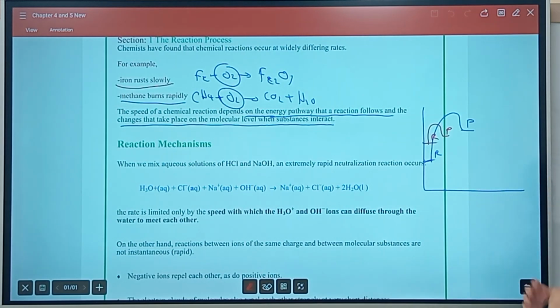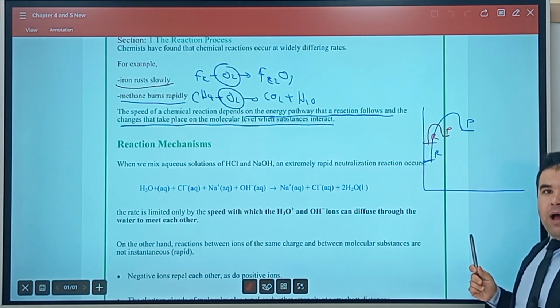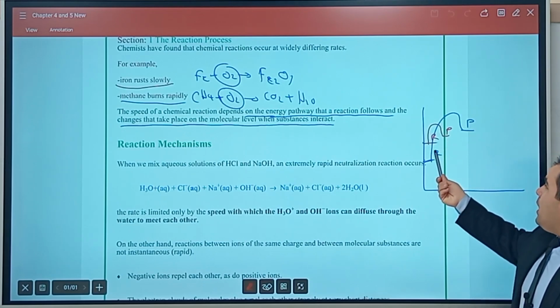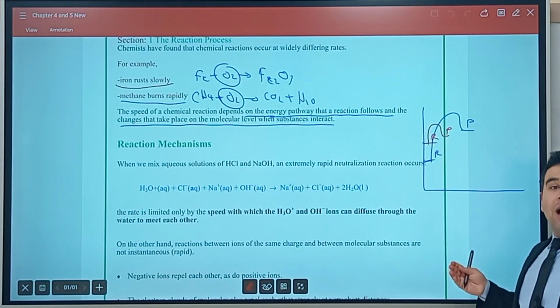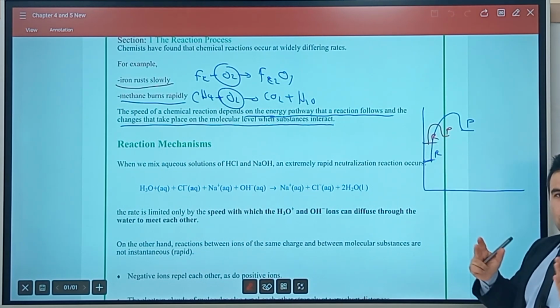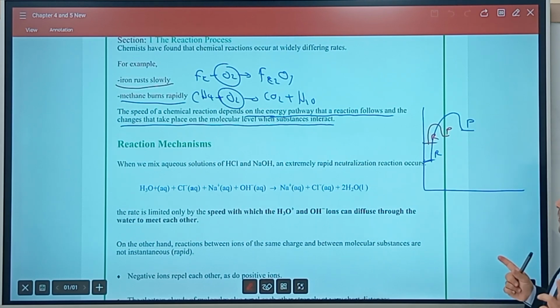Here we have two paths. The blue one is the longer path, and the red one is the shorter path. So the blue one takes more time to proceed because it's longer. The red one is shorter and takes little time.